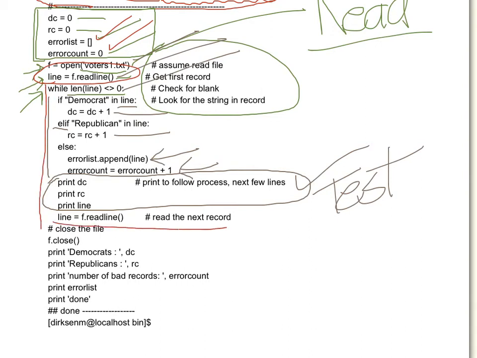We read here again, okay? And then this line down here eventually closes the file, okay? So we stay in the loop until we read a blank record. This becomes false, and then we leave down here. We print our results. How many Democrats, how many Republicans, how many bad records. We print out the array, and then we're done.